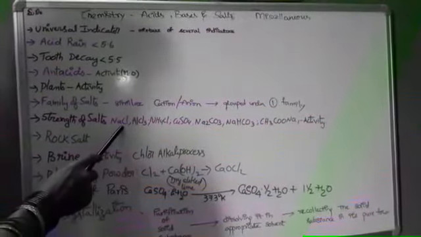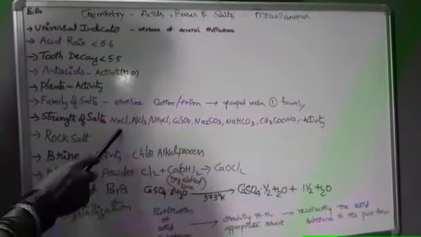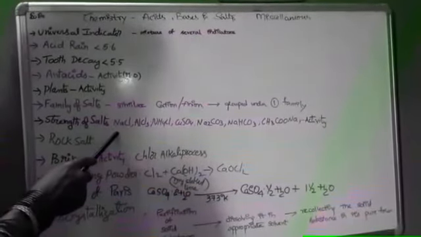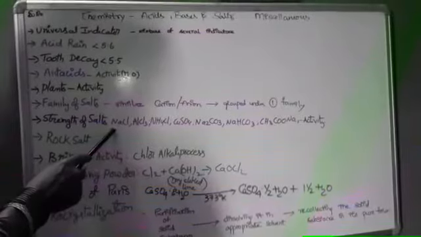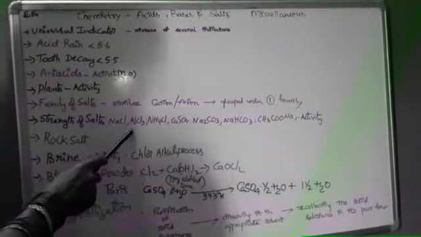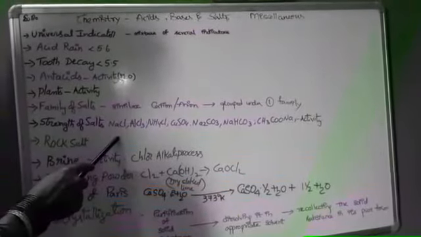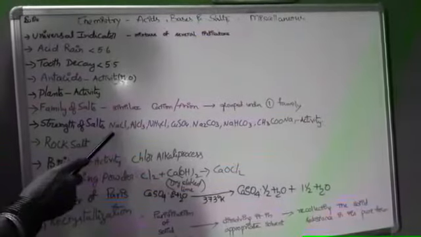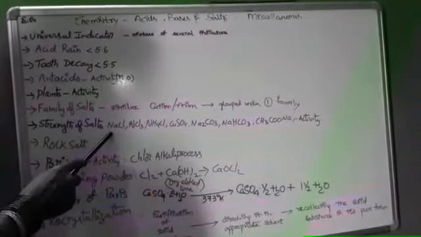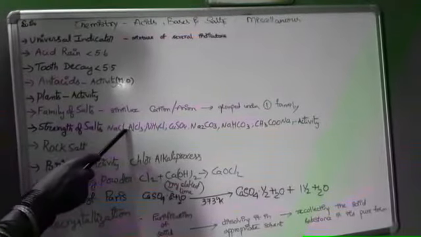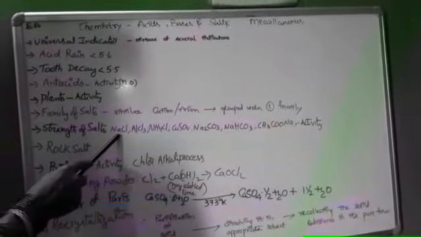Let them dissolve individually in distilled water in different test tubes, and test with universal pH indicator. We can come to know whether the salt is acidic, basic or neutral in nature. If we take a strong acid and a strong base, we get a salt like NaCl, which is neutral in nature.